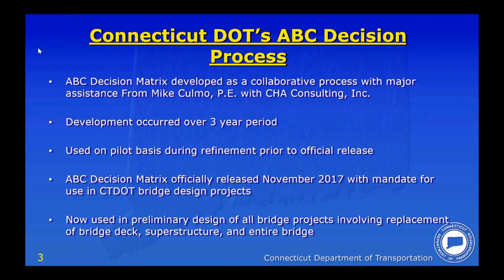Our group here was about 5 individuals, including our Construction District 3 engineer, Mark Rolfe, who is now our Deputy Commissioner of DOT, after having been our Chief Engineer several years before that. So the matrix was used on a pilot basis for a few years while we were tweaking it.